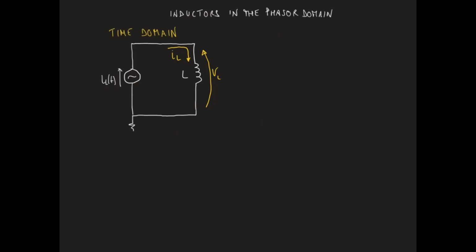So in the time domain, the voltage across the inductor, VL of t, is obtained by applying the time derivative operator multiplied by the inductance L to the current flowing through the inductor itself.